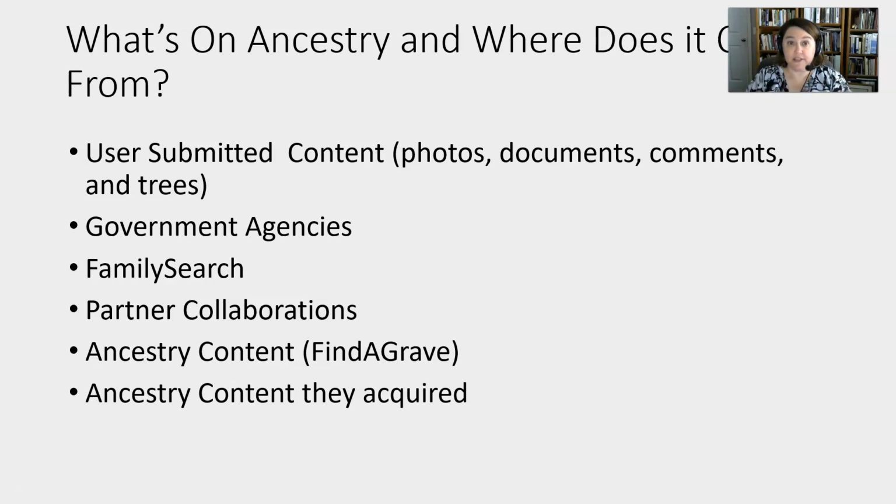Some of the content is from Ancestry, from one of their properties, including Find a Grave. And so when you do a search, you get results from Find a Grave. And then other content that they acquire from individuals, from businesses, from all sorts of places. In fact, we'll look at the postcard collection, and that comes from an individual's business.